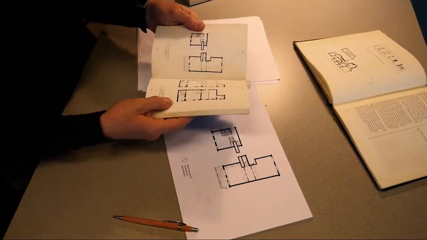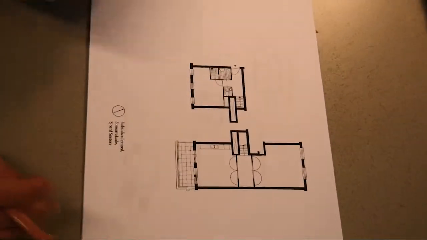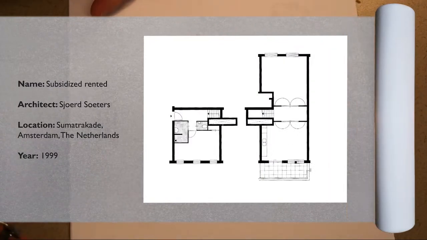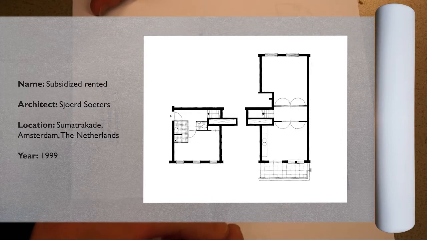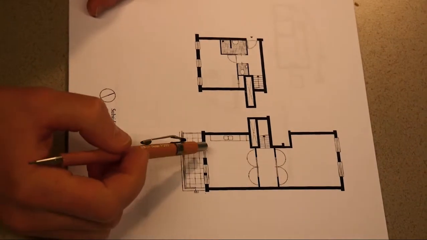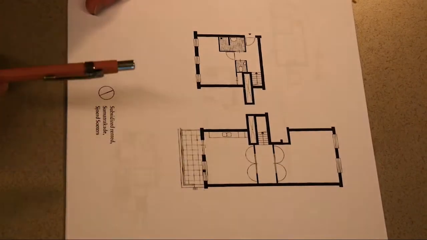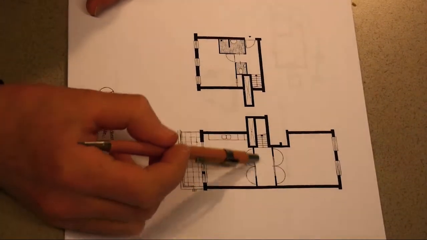Charles Moore is showing floor plans of now. For example, this apartment by Dutch architect Sjoerd Soeters. Maybe here the idea is again, just like in the Robert Adam plan, that rooms are organized in a row.